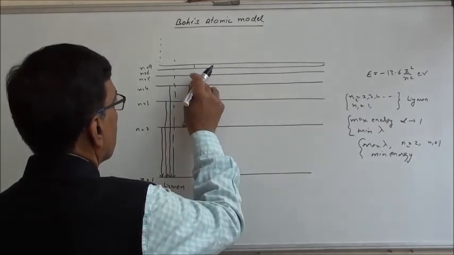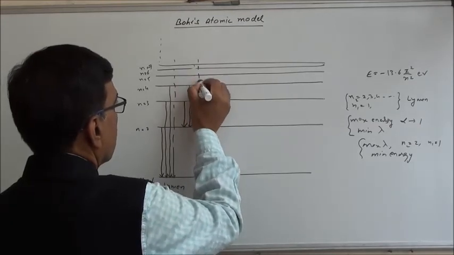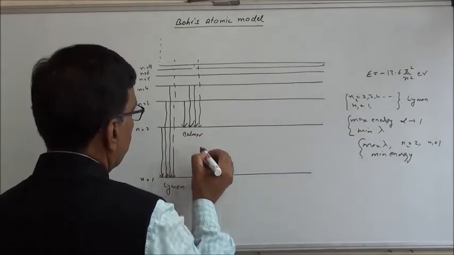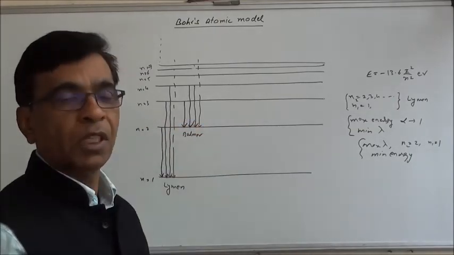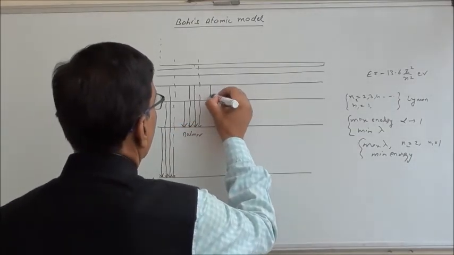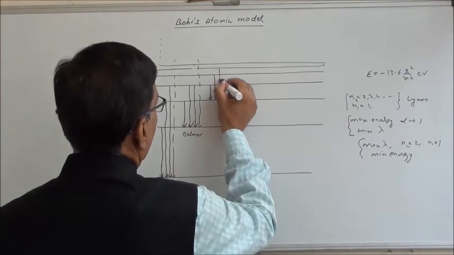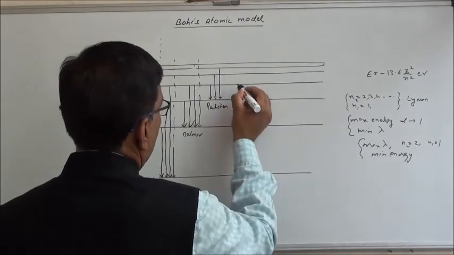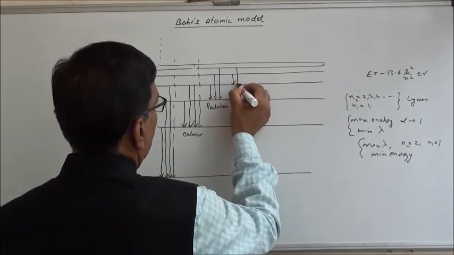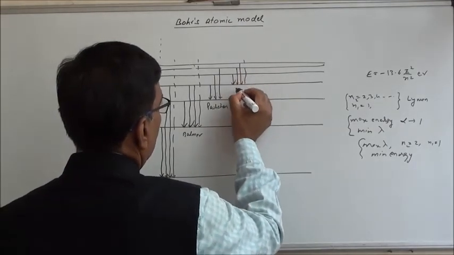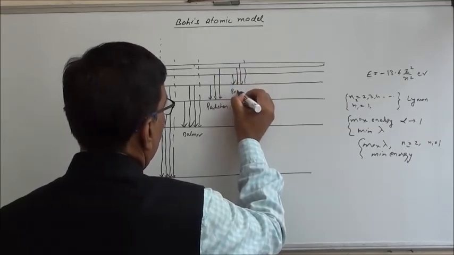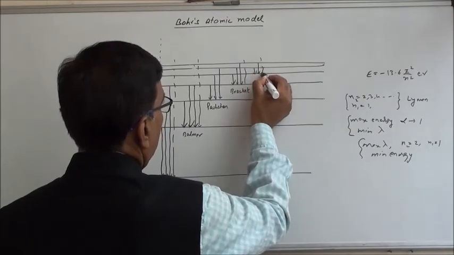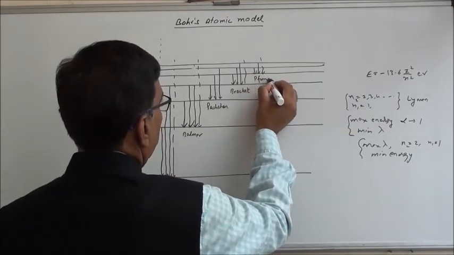Balmer is this. If the electron is finally coming to n equal to 2 state, it will be a Balmer series. Then we have Paschen, Brackett, and Pfund.